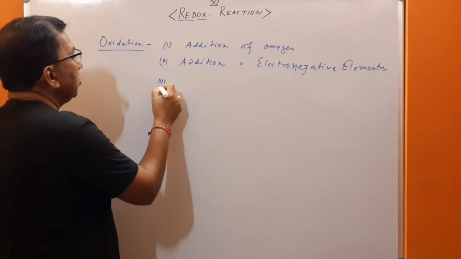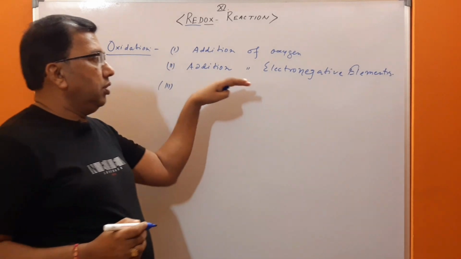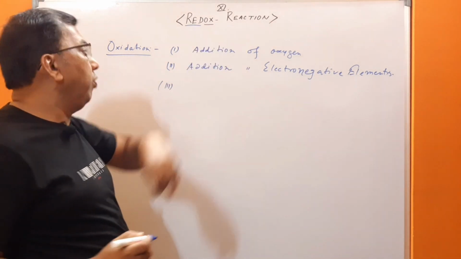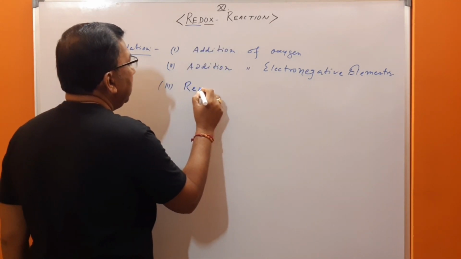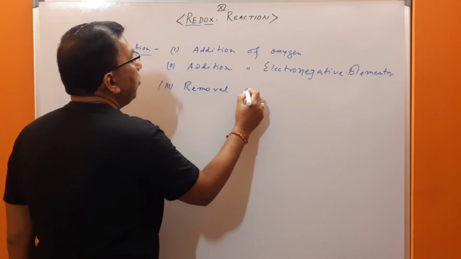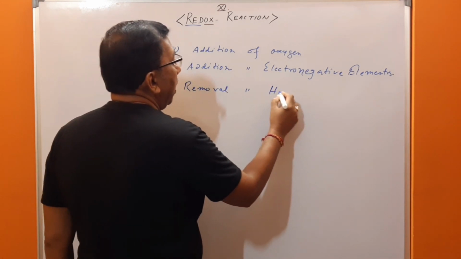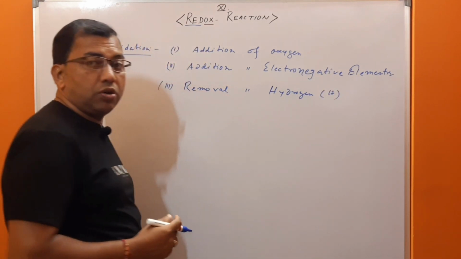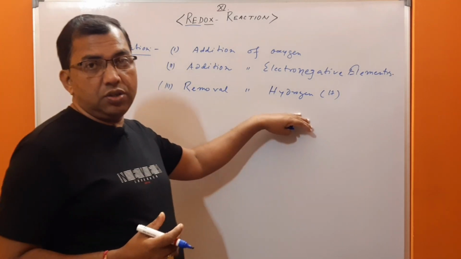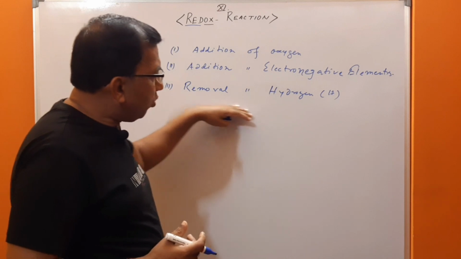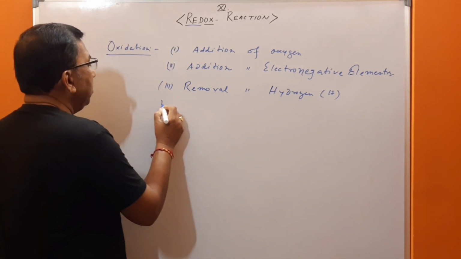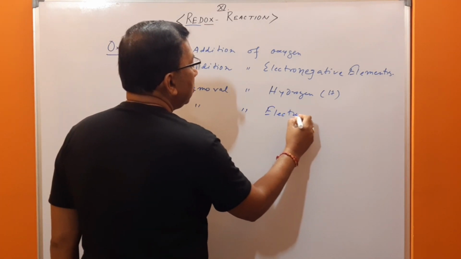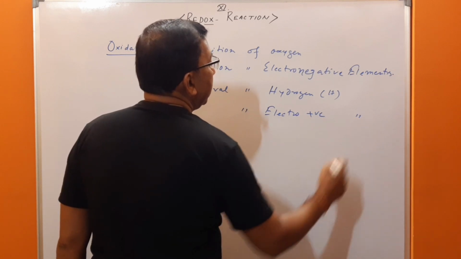Number three, the opposite: removal of hydrogen from an element, removal of hydrogen, or removal of electropositive elements.